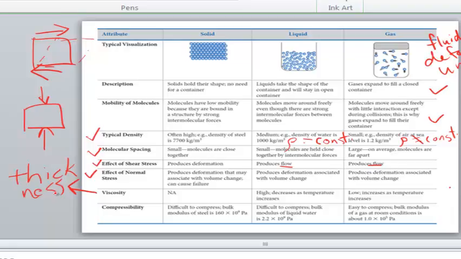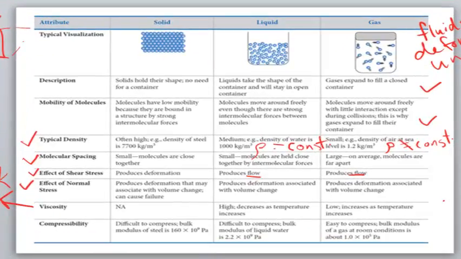For a liquid, you can see that the viscosity tends to be high. So liquids are considered to be thicker than gases, and you can see under the description for gas that the viscosity is going to be low in that case. Okay, let's see. The viscosity of a liquid decreases as the temperature increases.